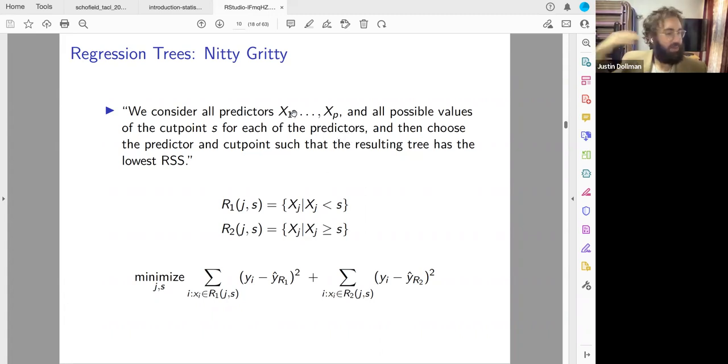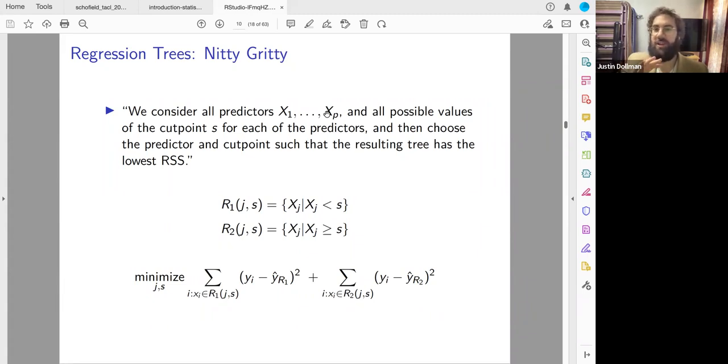So again, it's a regression problem, so we can represent our set of independent variables in the same way: x1 through xp. And so at each split, the model considers all predictors and all possible values of the cut point. Again, assuming that our independent variables are continuous, you can put a cut point anywhere in it.